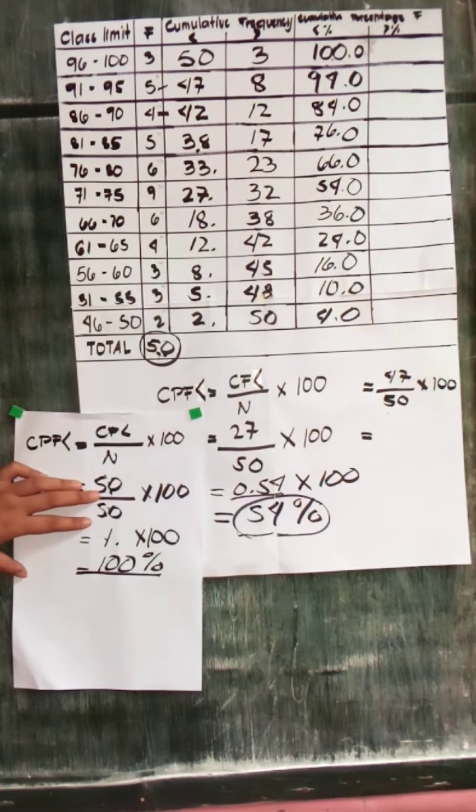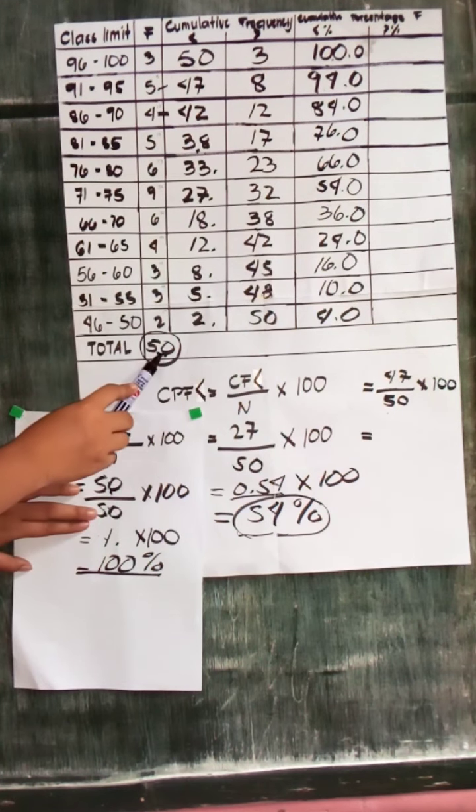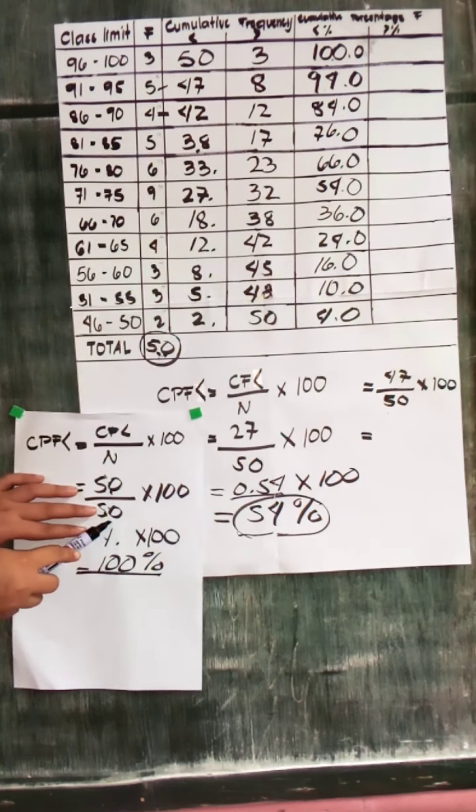Where did I find the 50 here? This is the total number of cases, so we have to write 50 here.